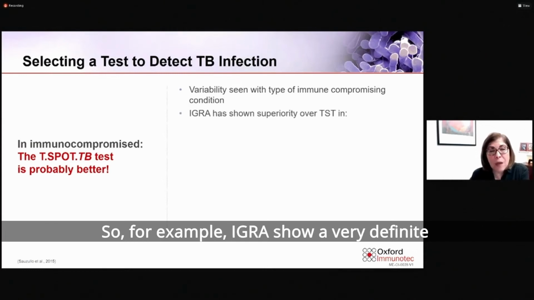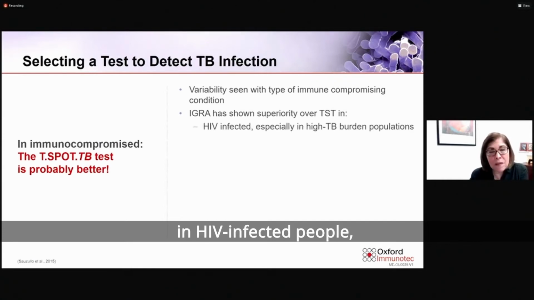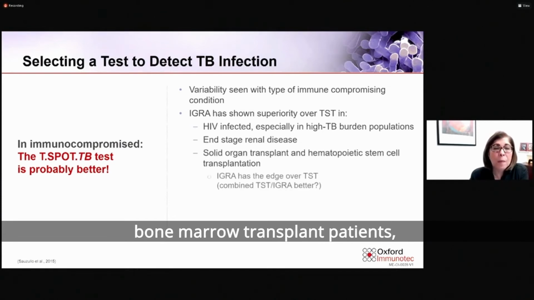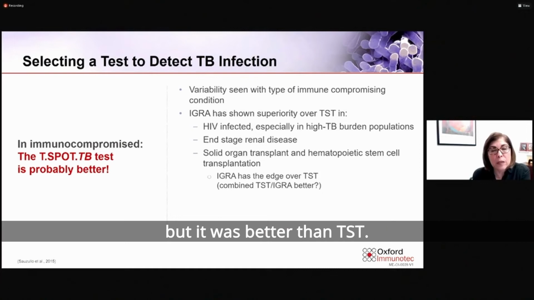So, for example, IGRA show a very definite superiority over TST in HIV-infected people, end-stage renal disease, solid organ and bone marrow transplant patients. And in these, the difference was not as great, but it was better than TST.